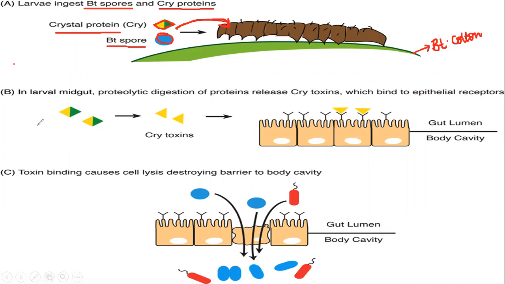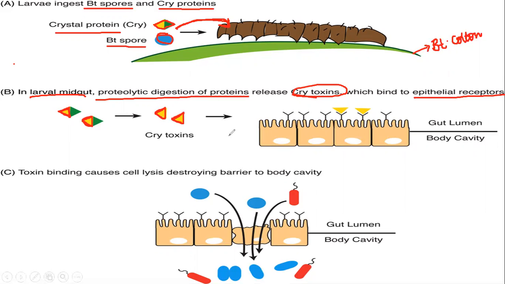Then in the larval midgut, the proteolytic digestion of the protein releases a cry toxin which binds to the epithelial receptors. Look, this yellow colored triangle I'm highlighting with red. This is the cry protein or the cry toxin.